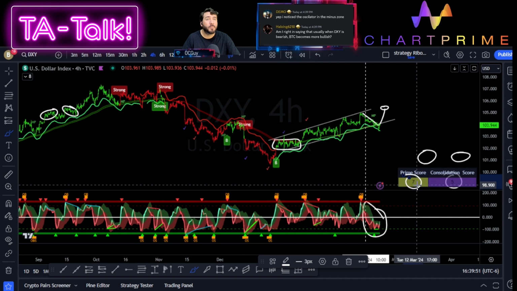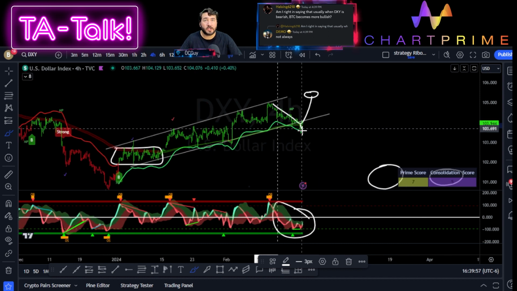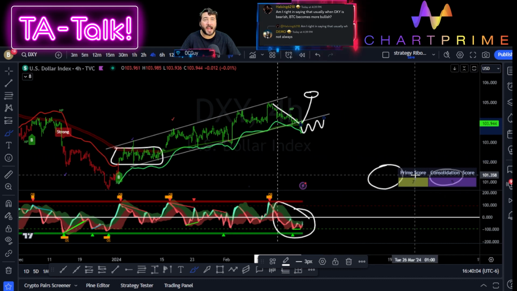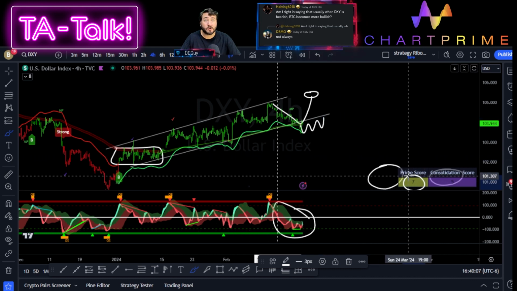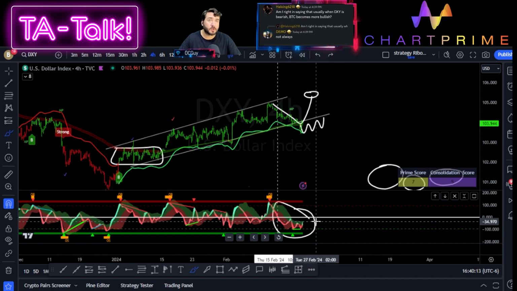So this number in combination with my prime score. If I'm bullish and I have a high score in here, I could be just side ranging for a little bit until I either lose my prime score, like going lower, or I gain some momentum. Let's figure out those two ways.